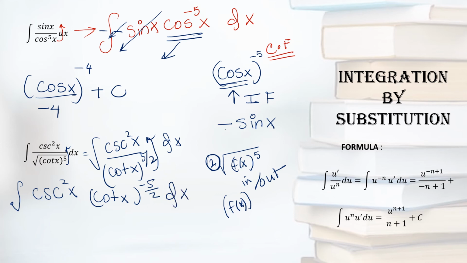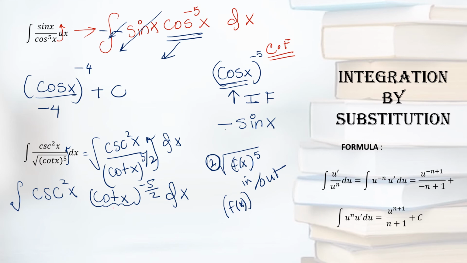Now ask yourself, which one is your composite function? So look, very easy. If you take cot x whole power negative 5 over 2 as a composite function, why are you taking this?